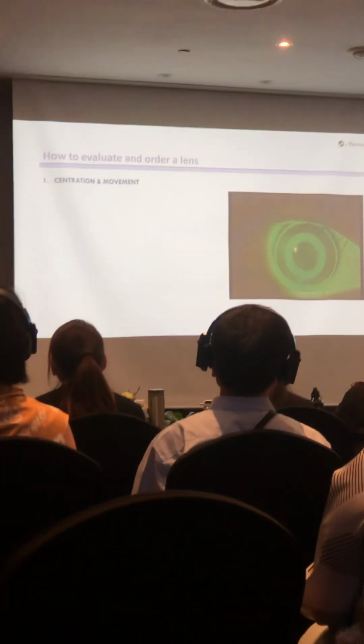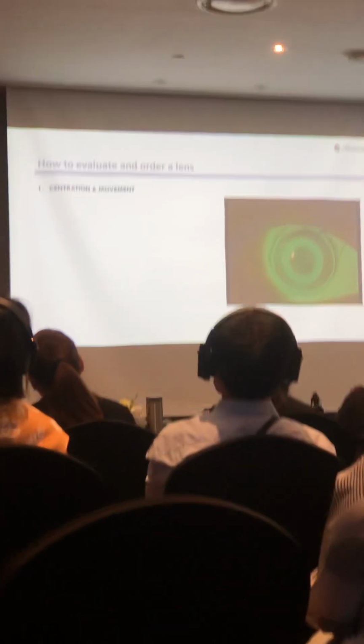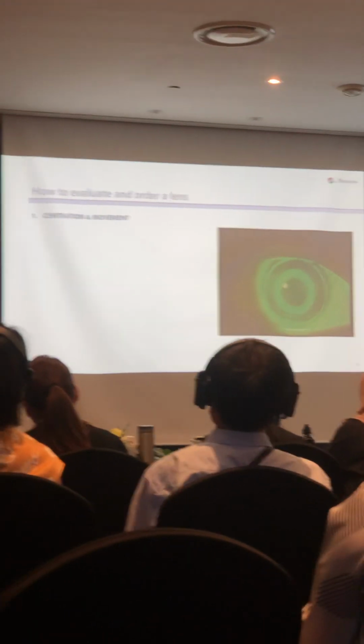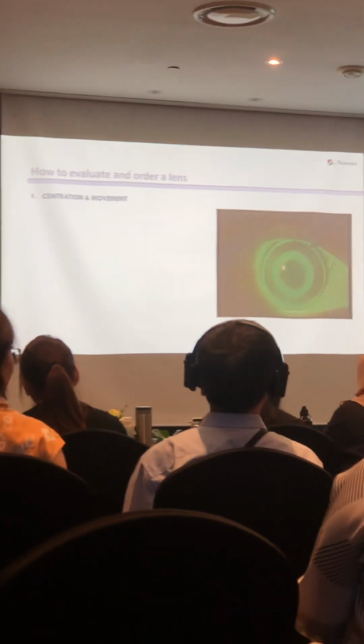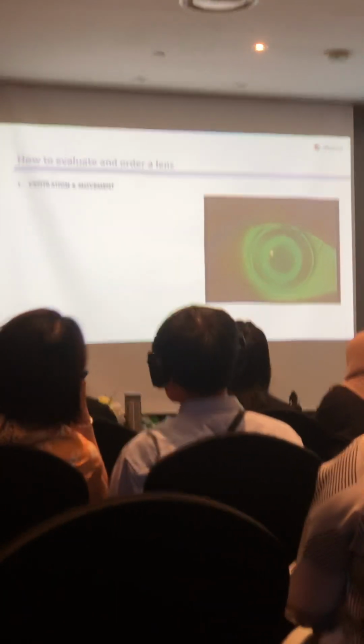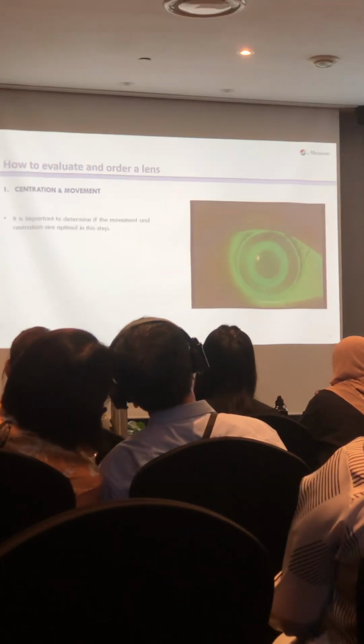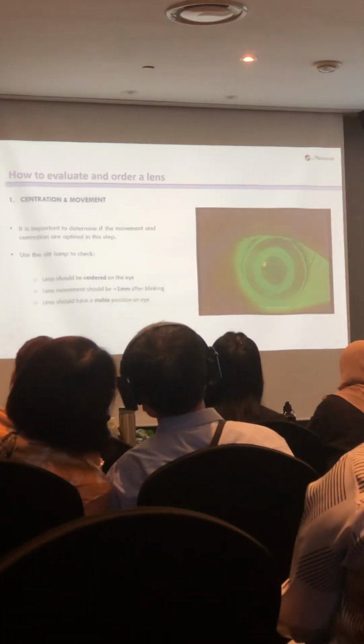Once you choose the trial lens, you can put it on the eye, and then we start to check the fluorescence patterns. It depends on the trial set that you have in the clinic. If you have more sets, then of course we have to look at other parameters as well. We will look at the centration and the lens movement, which is very important when we fit ortho-k.